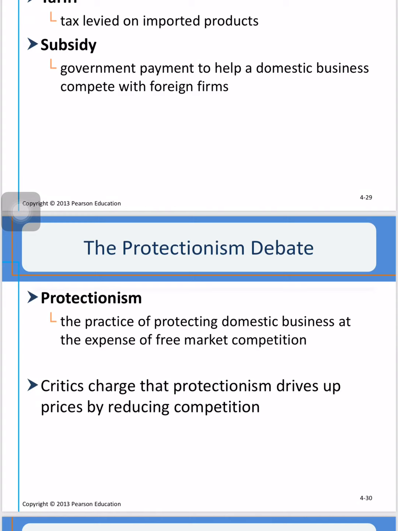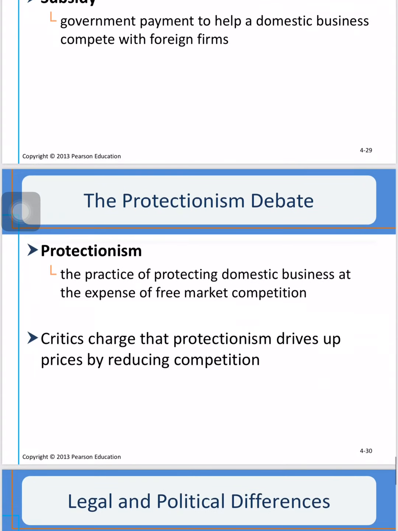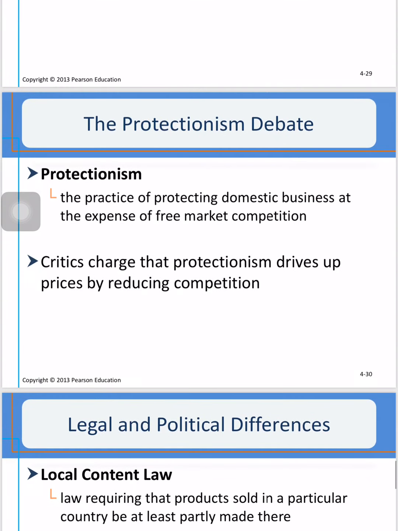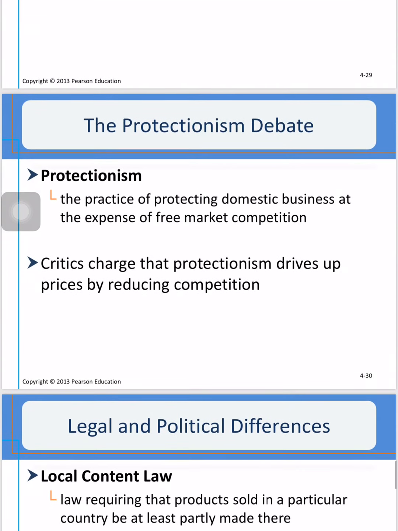It is actually to protect the domestic product in order to compete with the free market competition.